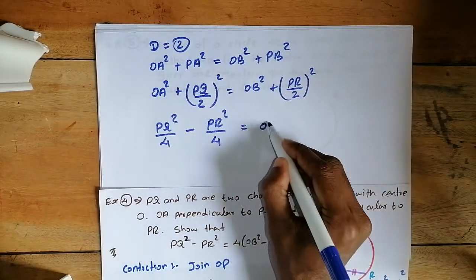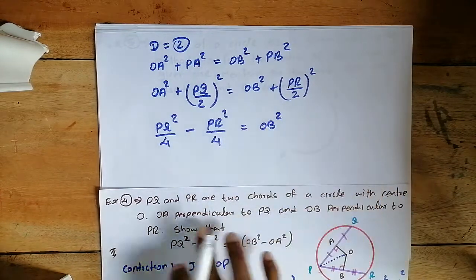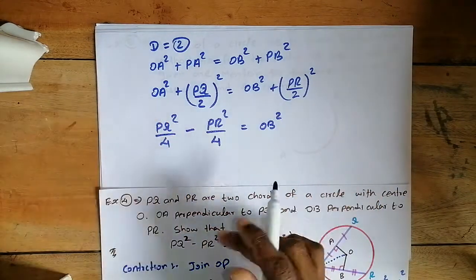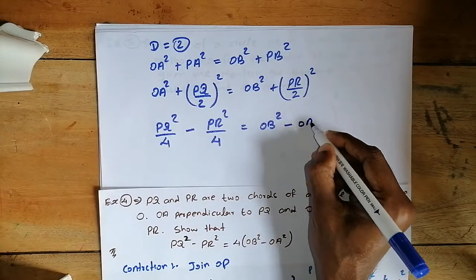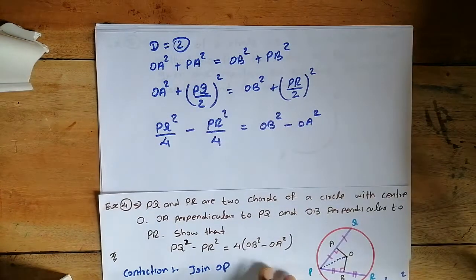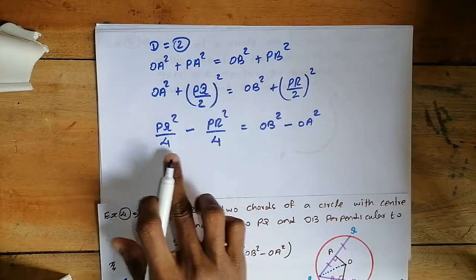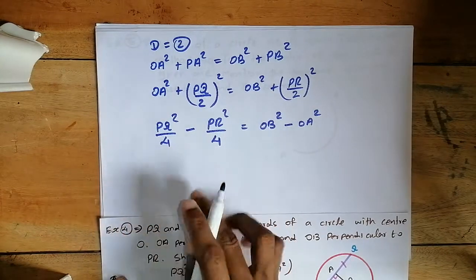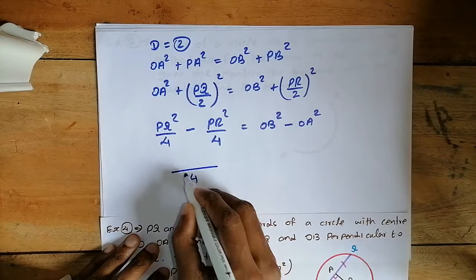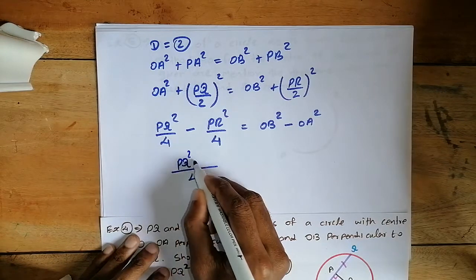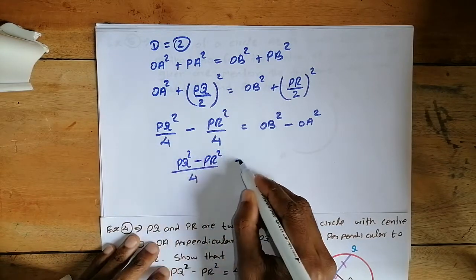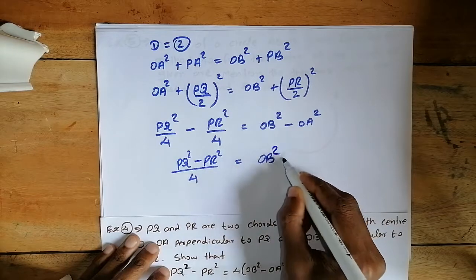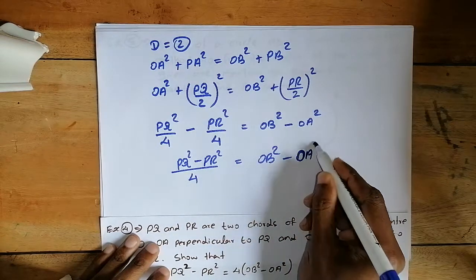And then OB is on this side, so we take the OB to the other side, so minus OA squared. Okay, we have the same denominator, so we can write it with one denominator, not separated. Okay, PQ squared minus PR squared over 4 is equal to OB squared minus OA squared.